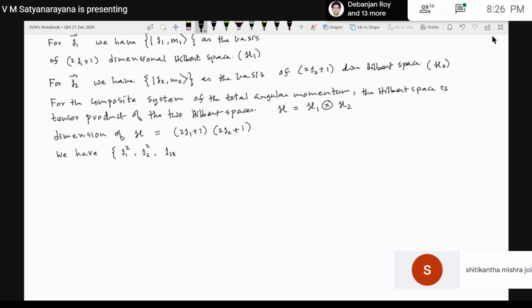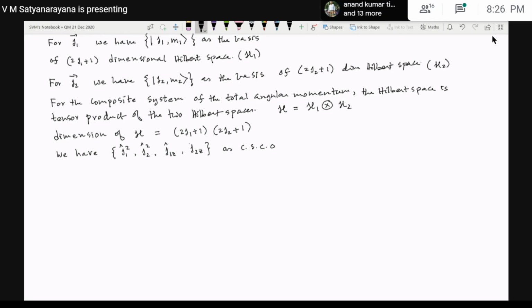Let me now write it as J1Z and J2Z, so as not to get confused with the 1 and 2 corresponding to the two different angular momenta. So we have this as a CSCO, because all these operators, J1 square, J2 square, J1Z and J2Z, commute among themselves.